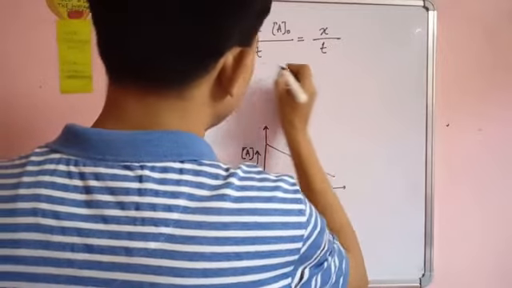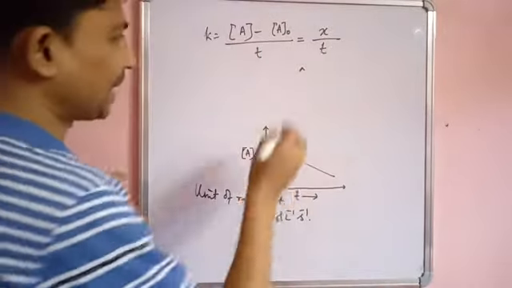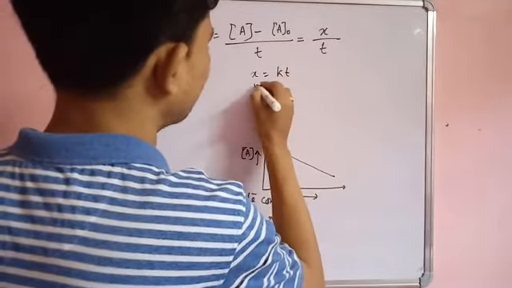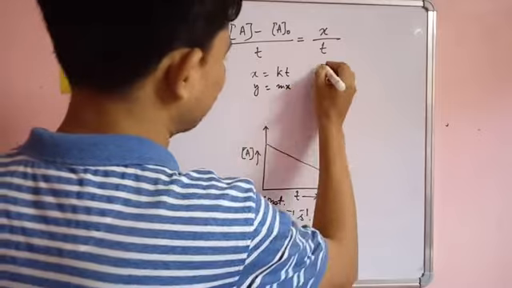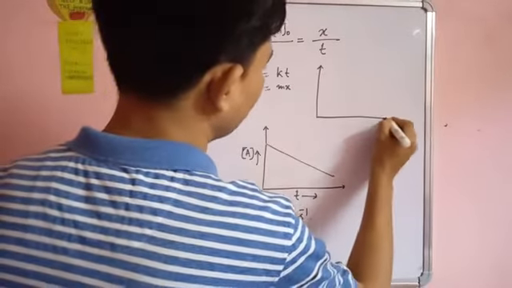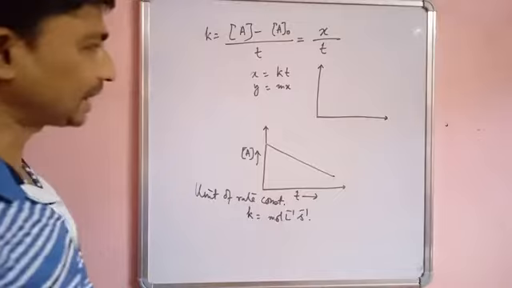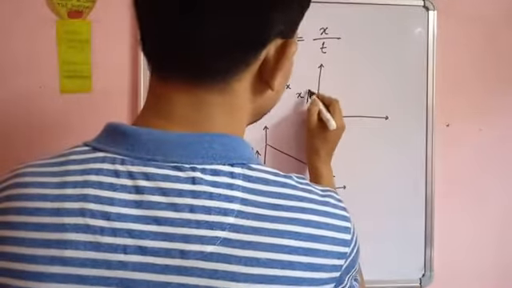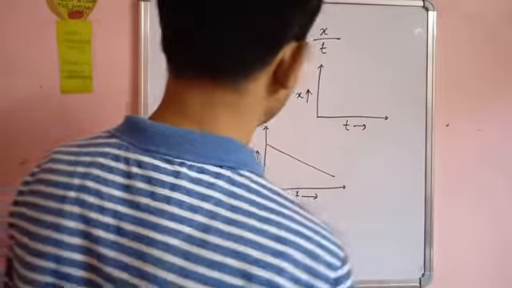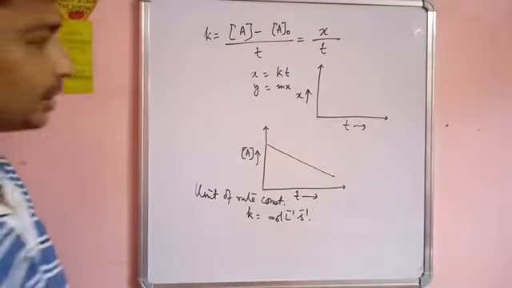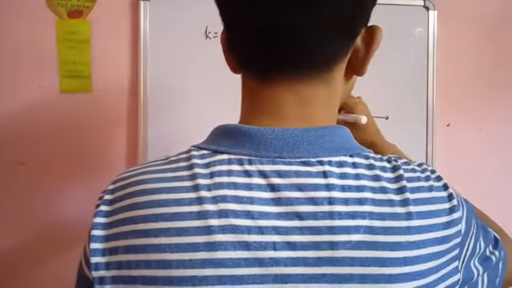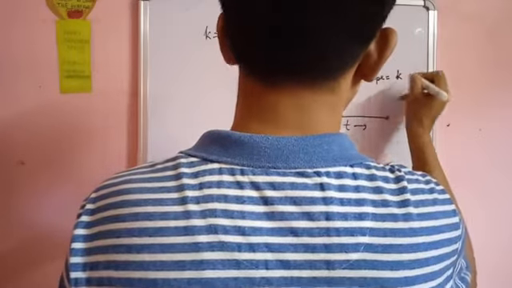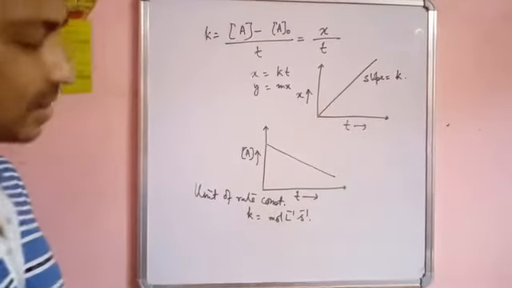Now if we plot k equal to x by t, we get x equal to kt, another equation of a straight line, y equal to mx. If we plot x versus t, the graph will be a straight line passing through the origin with slope equal to plus k.